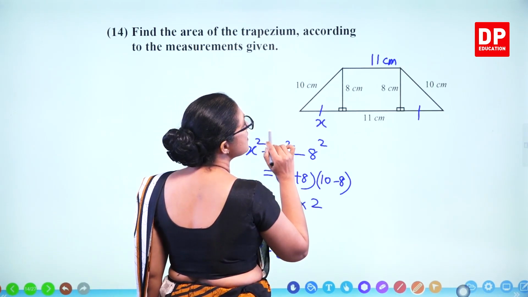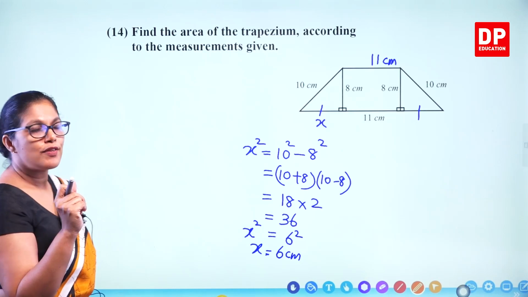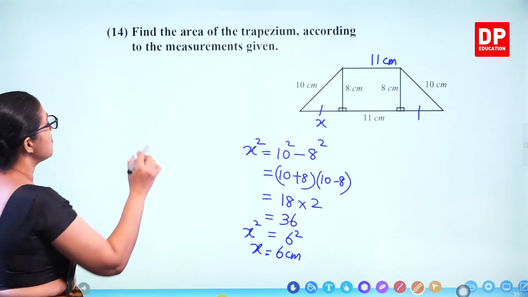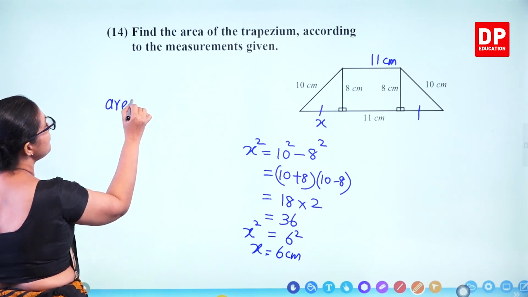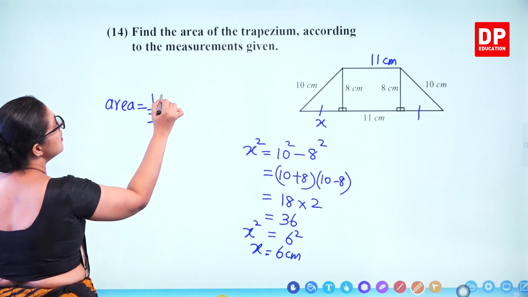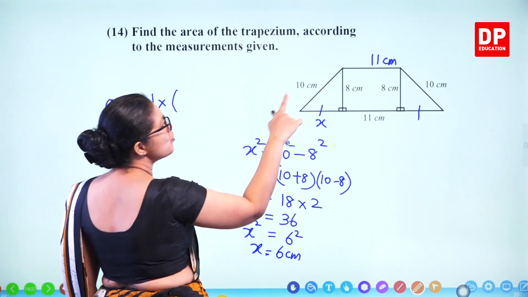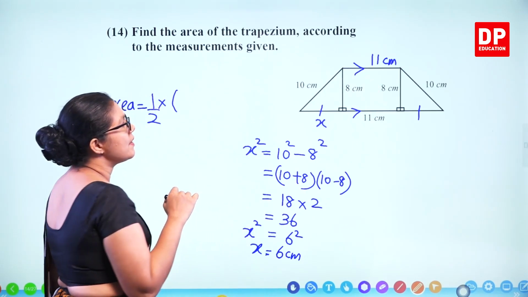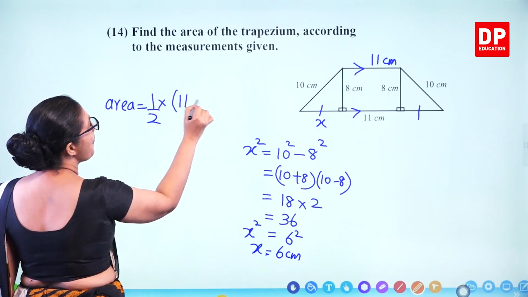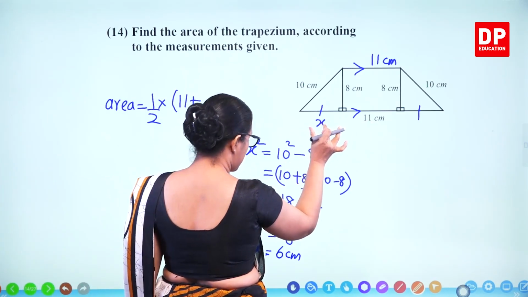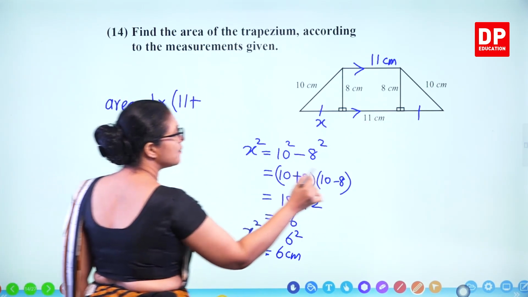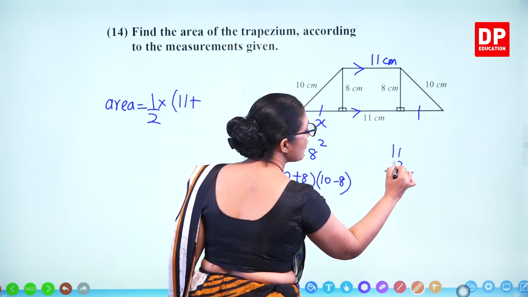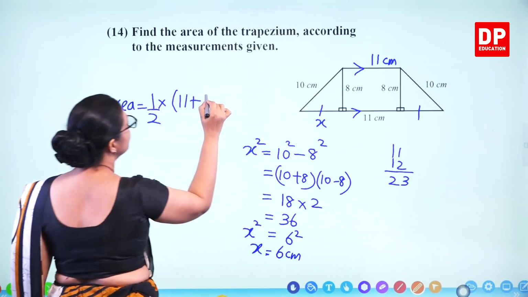So this is 6. So now you can find out the area of the trapezium. So what is the area? Half times the addition of the two parallel lines. So these two should be the parallel lines. 11 plus 6 and 6, 11 plus 12. You get 23.